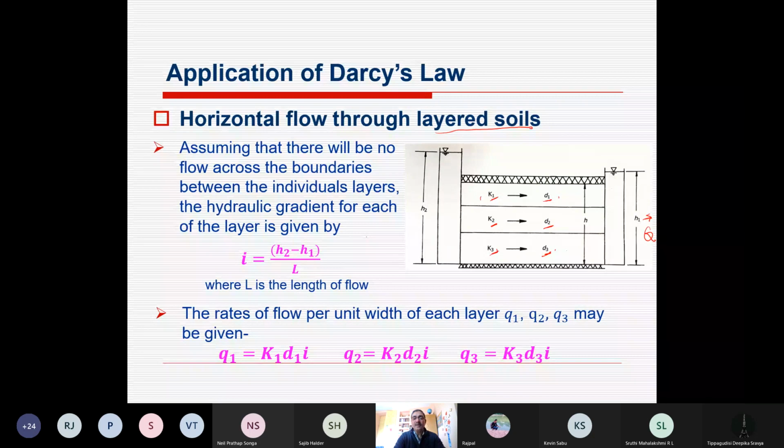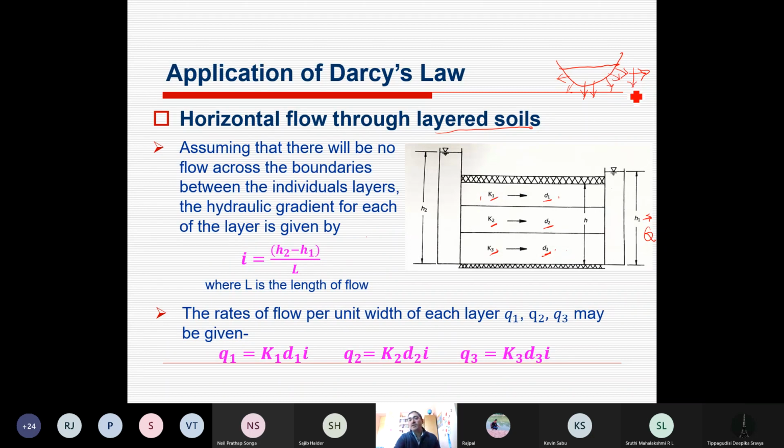Suppose there is a big channel or reservoir filled with water. Water not only moves vertically downwards by filtering, but also moves in all directions. So once water has entered the soil in any direction, it will again move inside the soil in any radial direction.